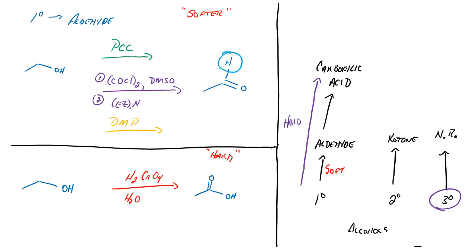And primary, we have to pay attention to, because if we want to stop at an aldehyde, we have to make sure we're picking the right thing. Now there's one more reaction that I want to chat about, and it's an interesting reagent that's going to do something we've seen before. But let me get a brand new slide so that we have some space to talk about this.